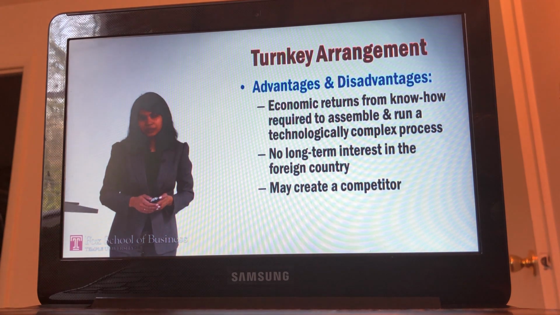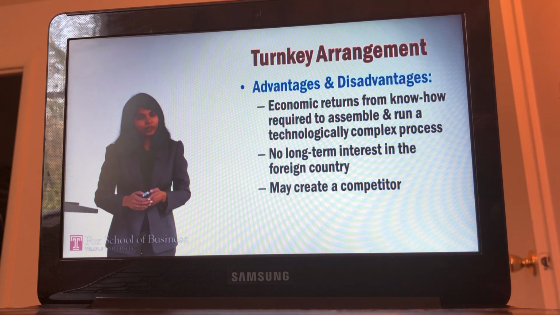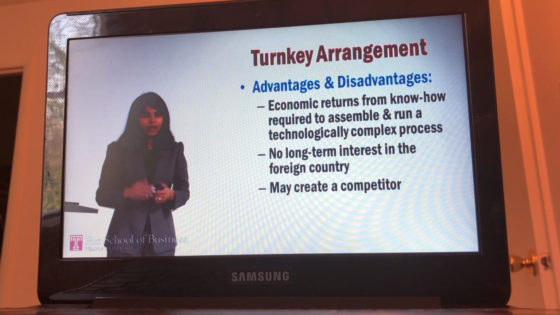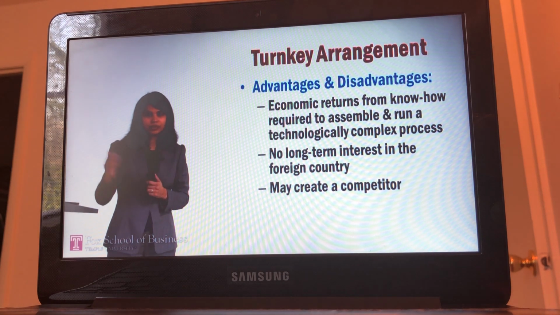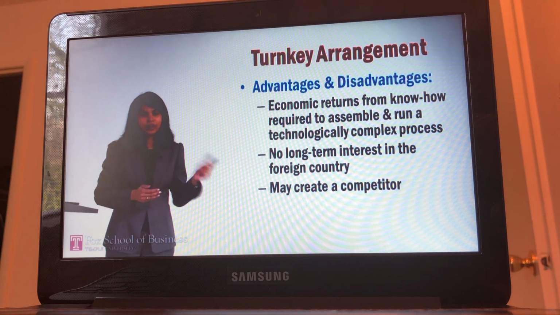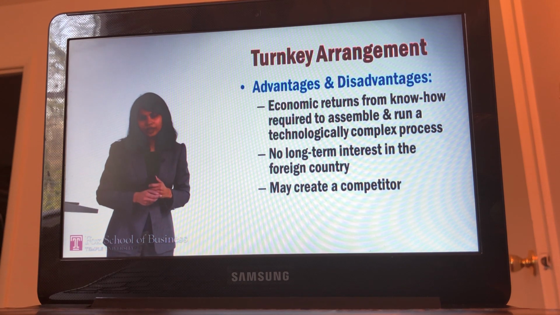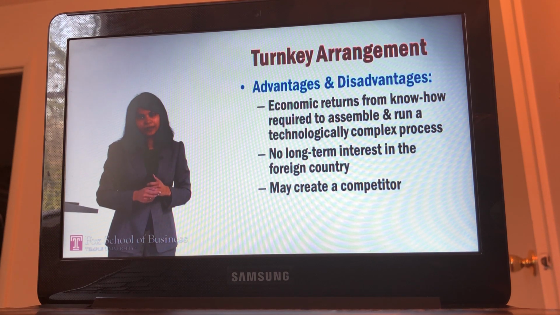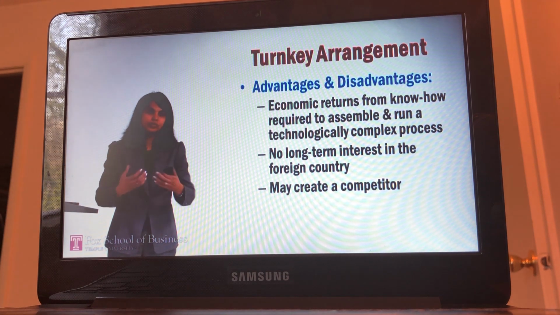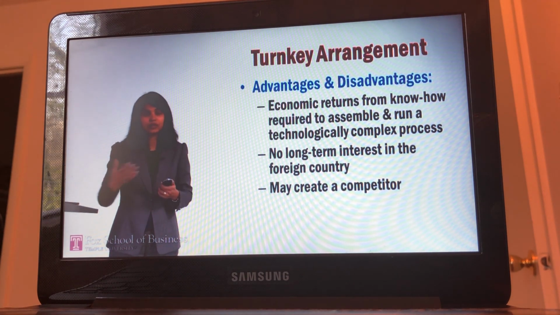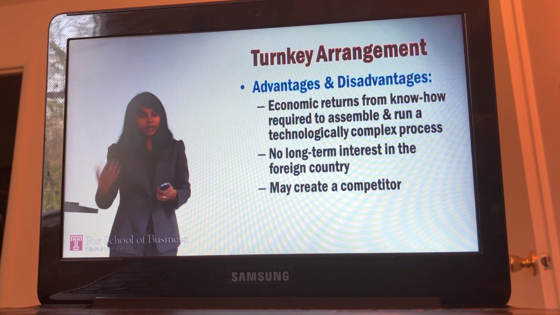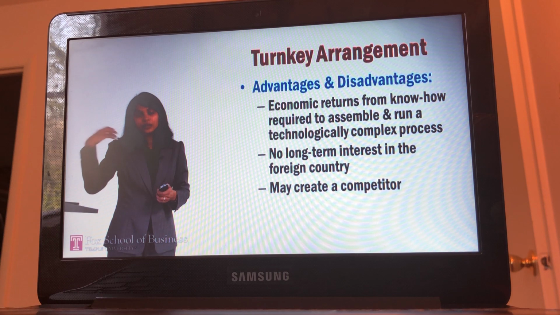Why would foreign firms be interested in turnkey projects? That's a good question, because as I earlier mentioned, for example, in the Middle East, foreign firms cannot enter the oil refinery industry. But if these foreign firms have the know-how of how to refine oil and how to establish an oil refinery, how can I make money out of this knowledge in this market when I cannot simply go and make my own oil refinery there?